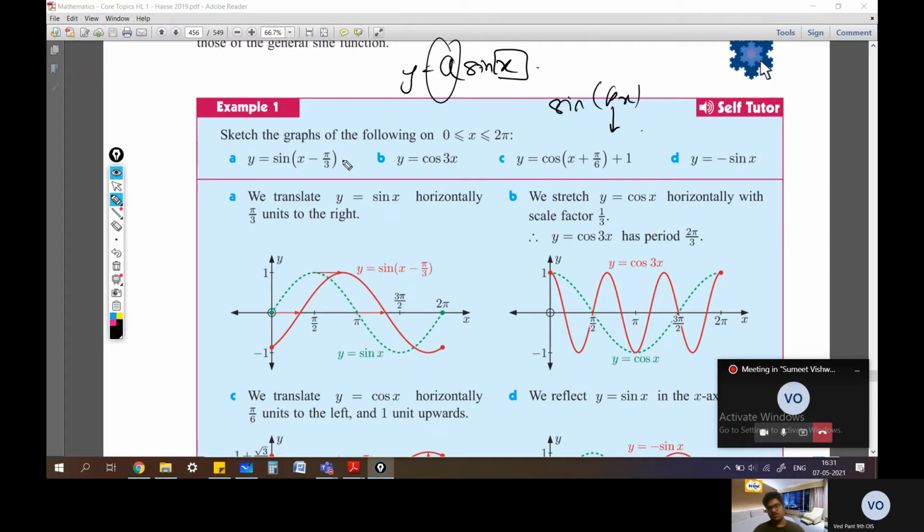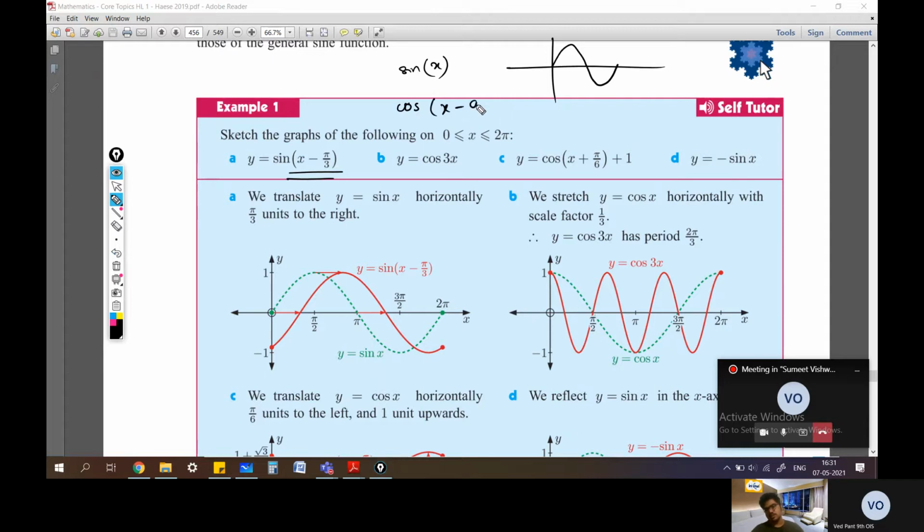But what happens when we add or subtract in a function? If I say sine x, what is function sine x? Like this, simple. But when I say cos x minus 90, what is cos x minus 90?